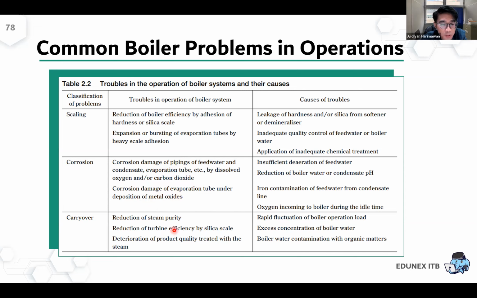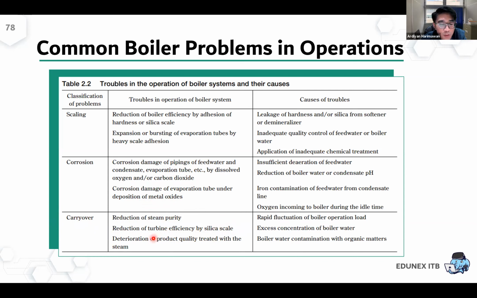Okay, and then the carryover. The carryover is the one that influences the steam purity. The steam will not be as good as if the carryover is not happening. And then the silica component, hopefully you still remember about the silica problem.